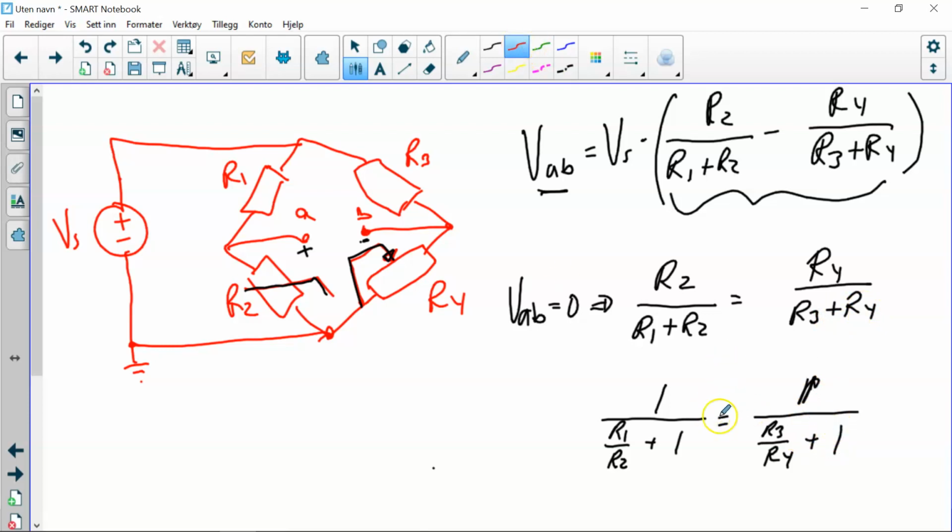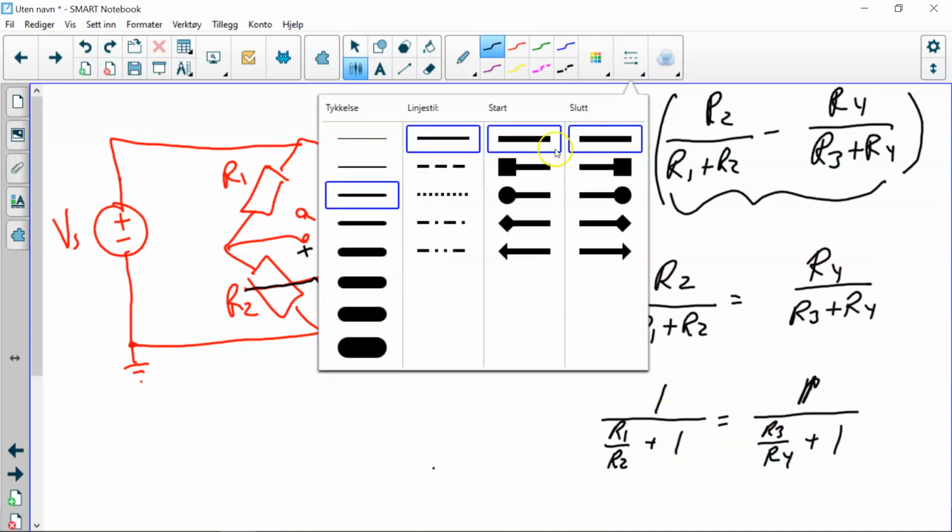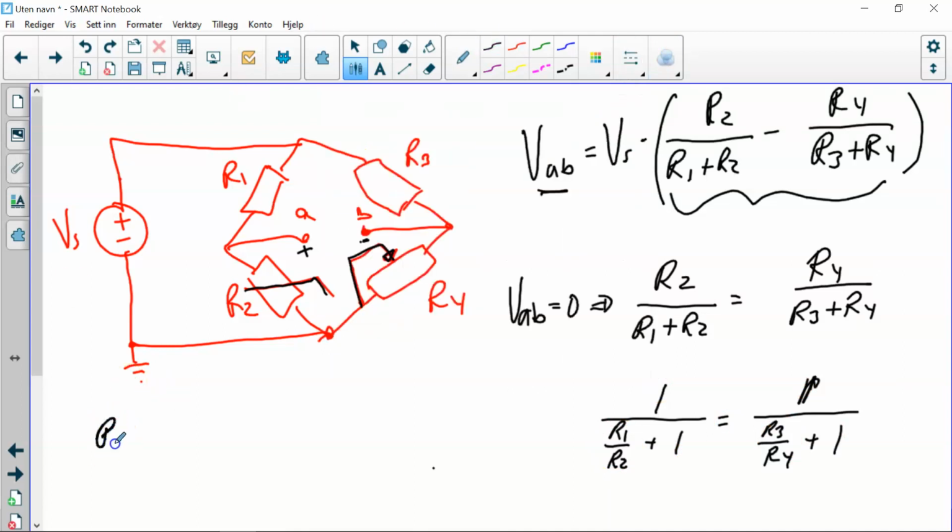Since this equal sign is here, and all the ones are equal, then this one must equal this one. So now I get that R1 over R2 must equal R3 over R4. R1 and R3 are fixed, so I can name them both the same.